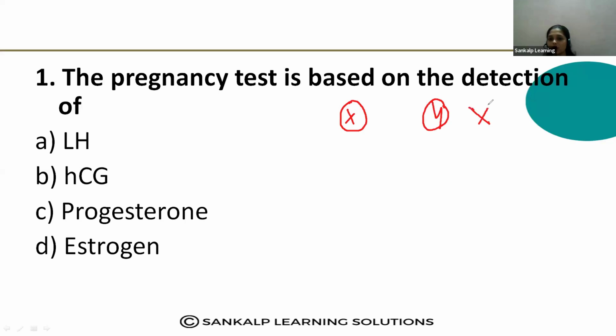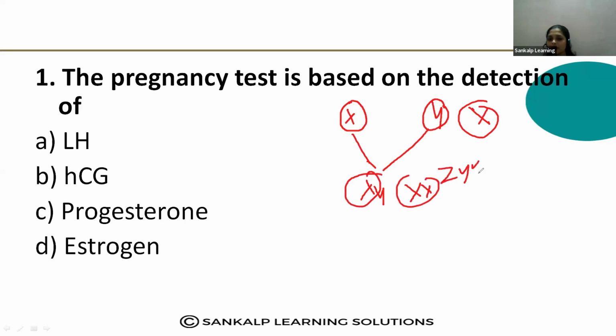Okay, X or Y chromosome. So when this fuses, that is forming the XX or XY, alva? XY agbodu athwa XX agbodu. That is the zygote. Just imagine this is the zygote that is having the XY.